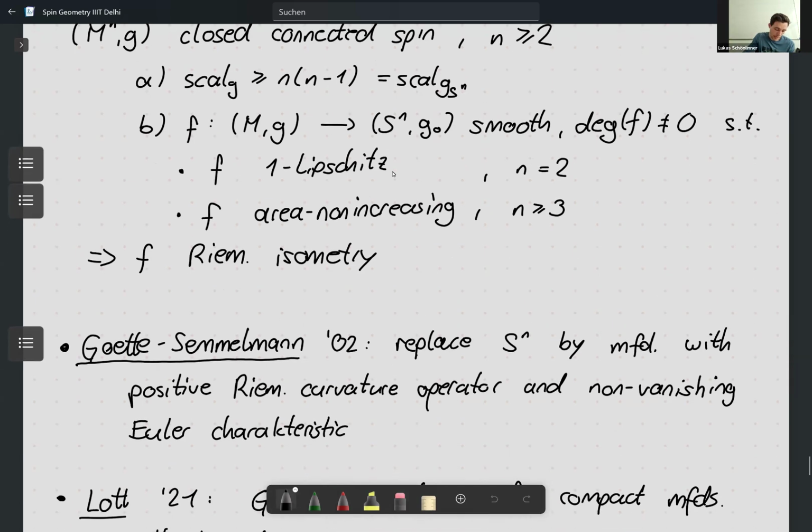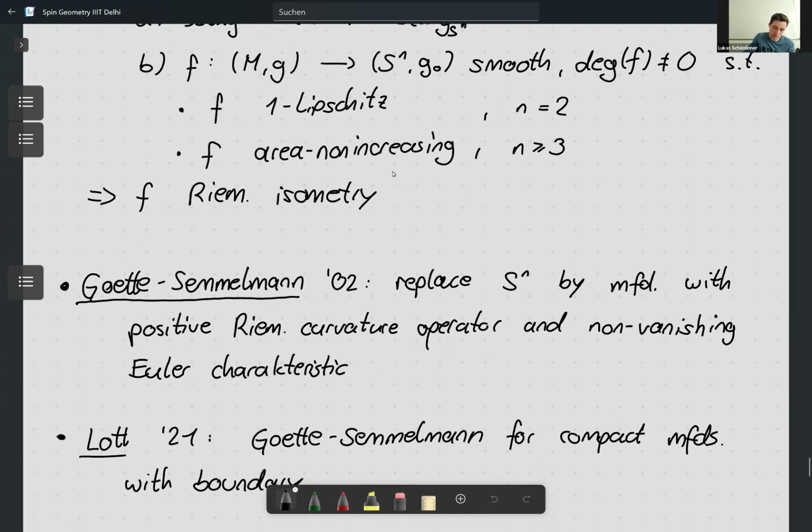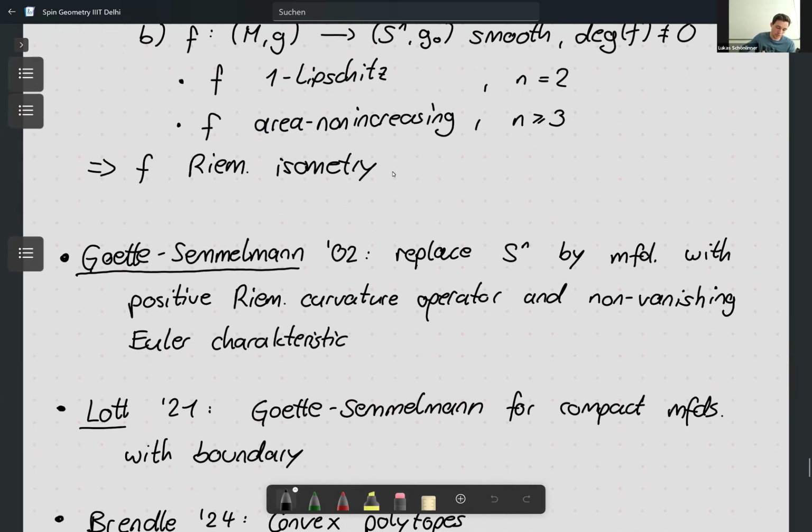And then some years later, in 2021, Lott generalized the Goette-Semmelmann result to compact manifolds with boundary. In this case, we also need some assumptions on the curvature on the boundary, namely we have assumptions on the second fundamental form there.